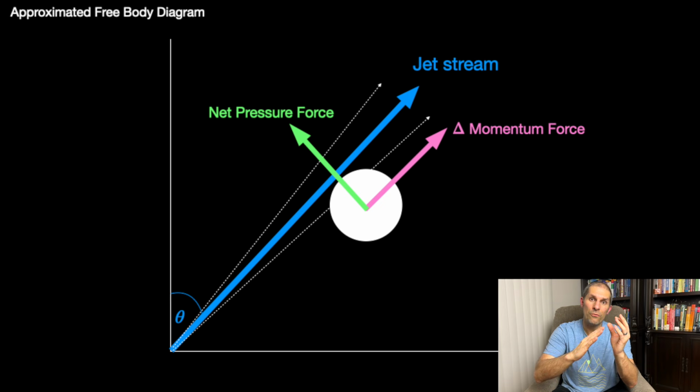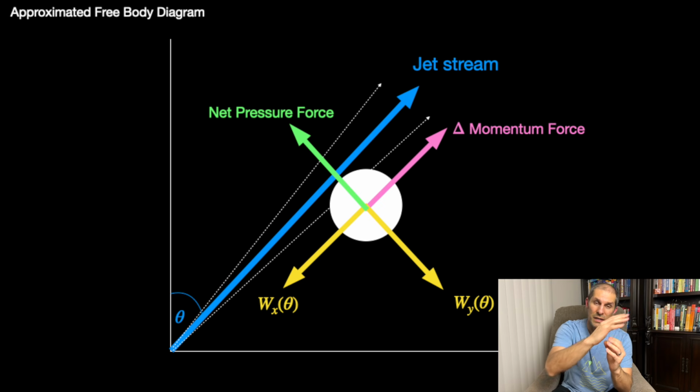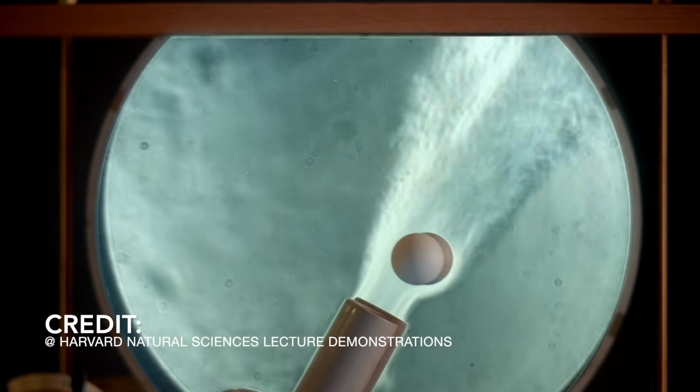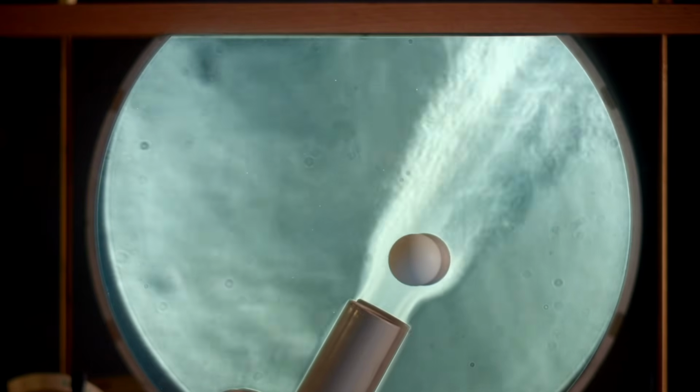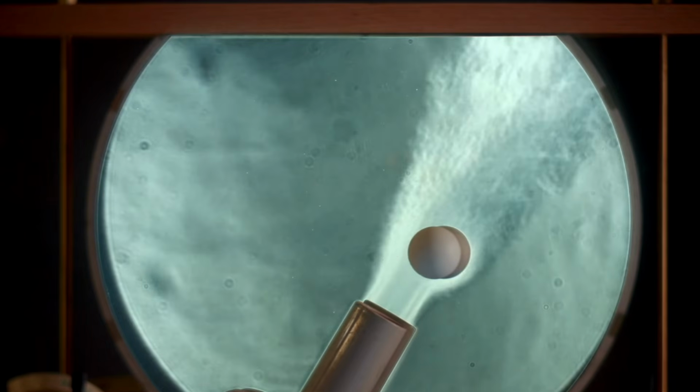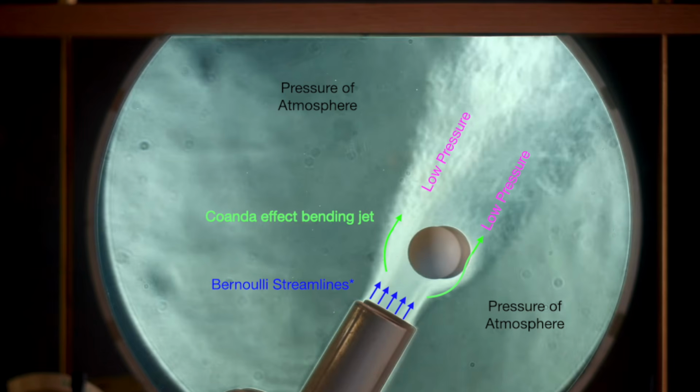And then that force from the jet stream, from momentum transfer, keeps the ball suspended. And both of these forces are counteracting gravity. The smaller jet clearly shows the Coanda effect. The top jet shows a very slight Coanda effect, but mainly a full jet stream.